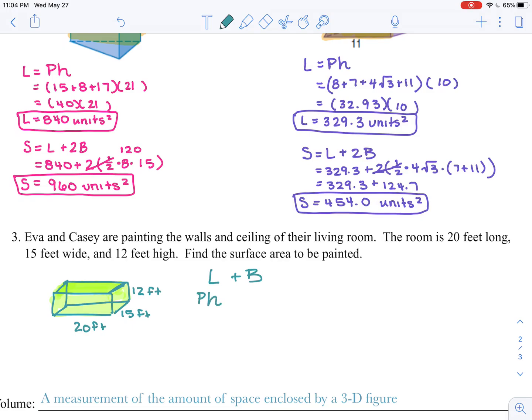So lateral area, perimeter of the base, times the height. So for our base, or the bottom of this shape, perimeter is 2 times 20 and 2 times 15. The height of the room is 12 feet. And then capital B, area of the base, is our rectangular base, so 20 times 15.